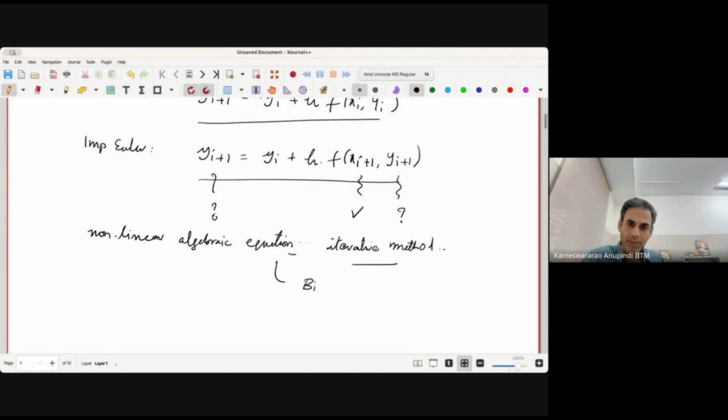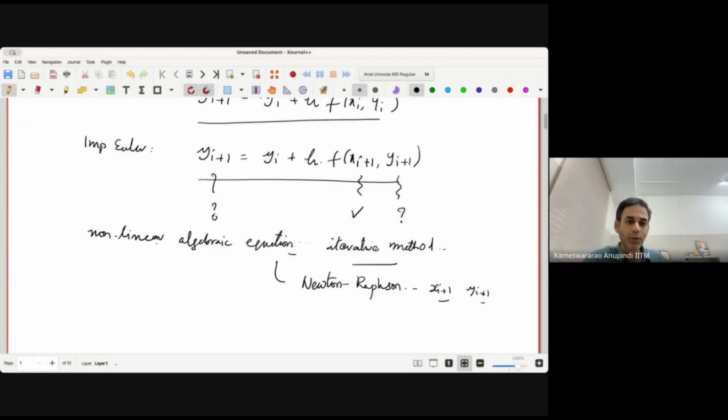So we may use the bisection method, or in fact, we may use the Newton-Raphson method, right? So we may use the Newton-Raphson method to solve this nonlinear algebraic equation at every x_{i+1}, to get the value of y_{i+1}. That means we need to call this Newton-Raphson method for every step of the way, okay?